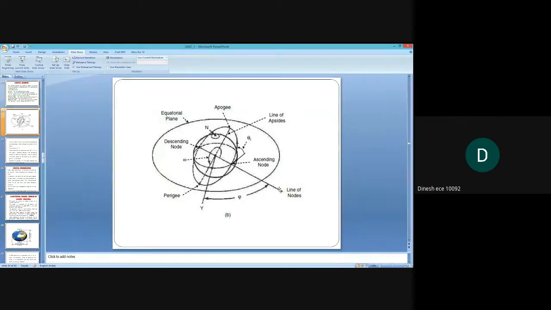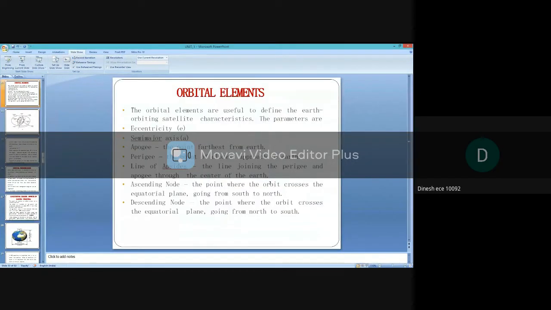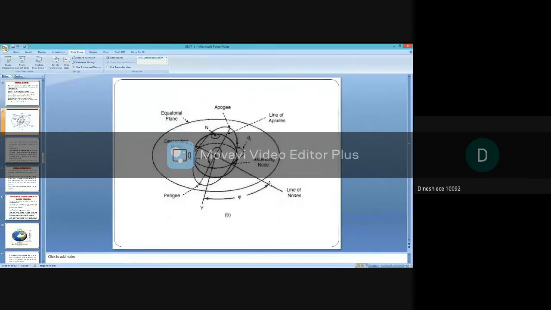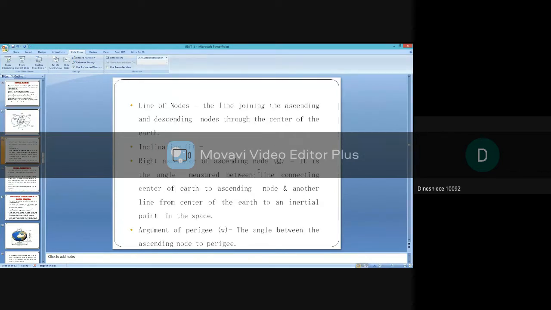Then the line of nodes is a connecting line. So these are your orbital elements.